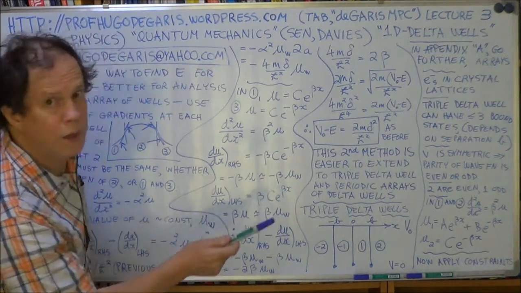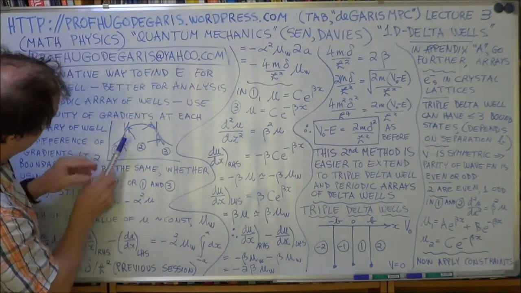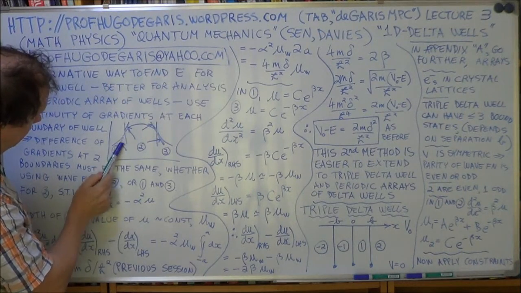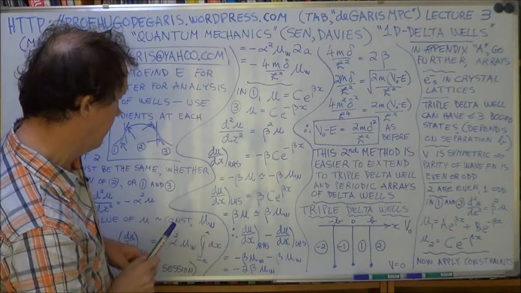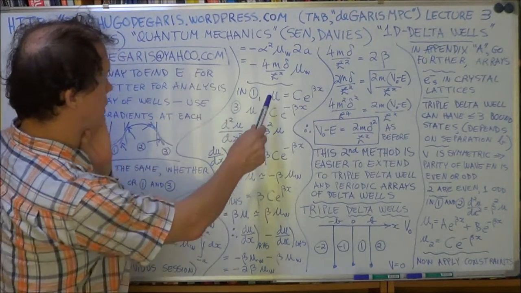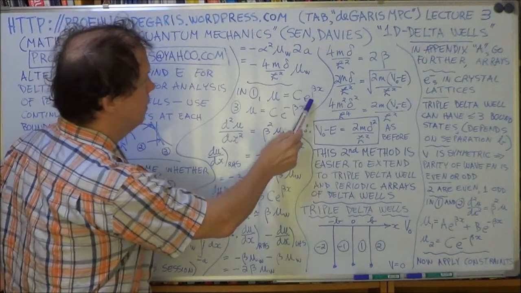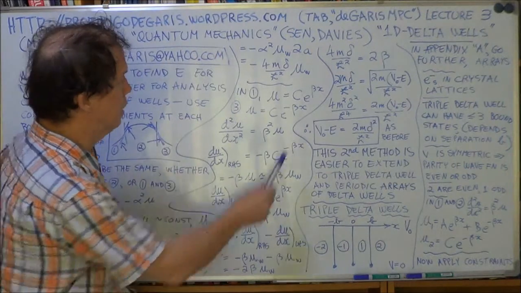Now a similar argument for the gradient on the left hand side. That would be the gradient here, right? Now in region 1, the wave function is of this form. Now x is negative, so this falls off rapidly, decreases exponentially.